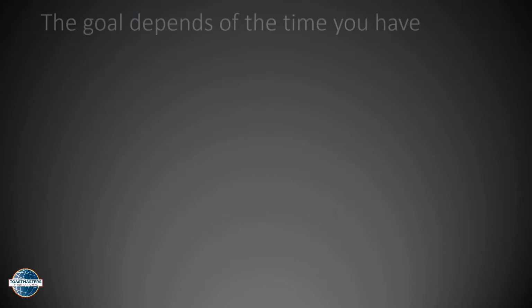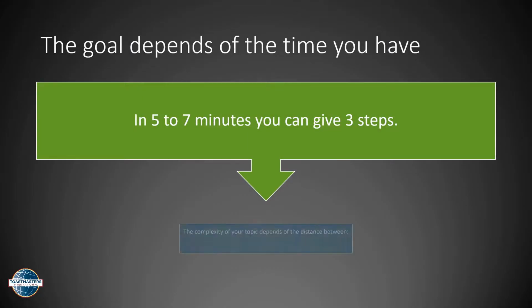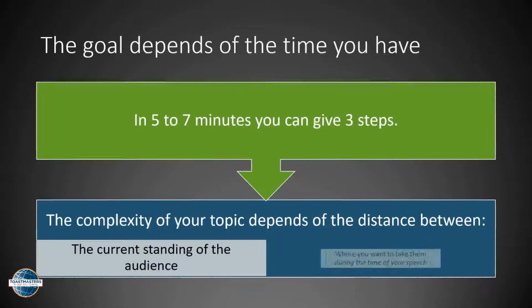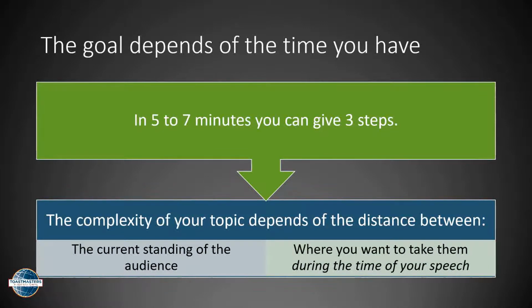You could have anywhere between 10 and 15 points you want to cover, and perhaps you could be looking at persuading a big audience, or perhaps even having an activity within your speech. However, if you have what we normally have at Toastmasters, 5 to 7 minutes, you have to take the audience really quickly from where they stand right now to where you want to take them.